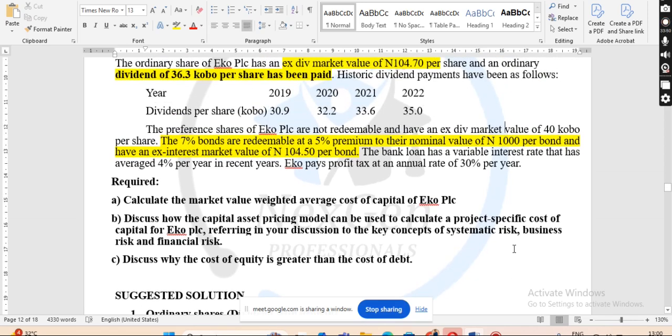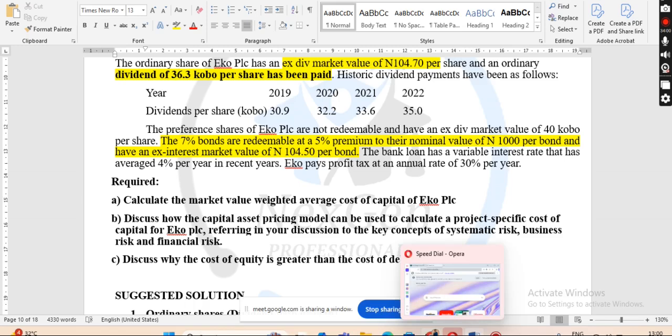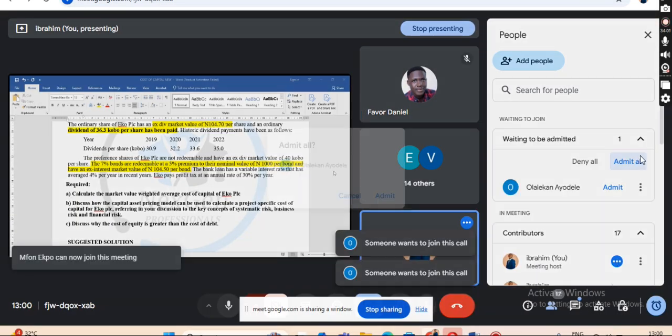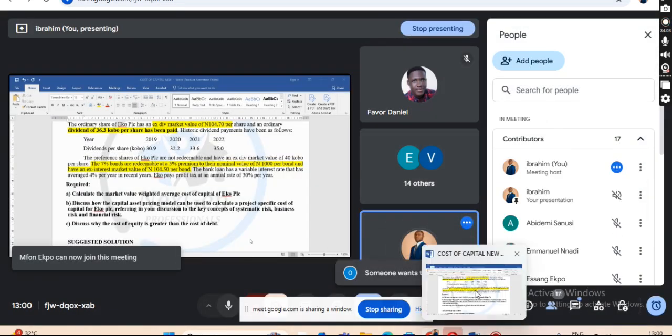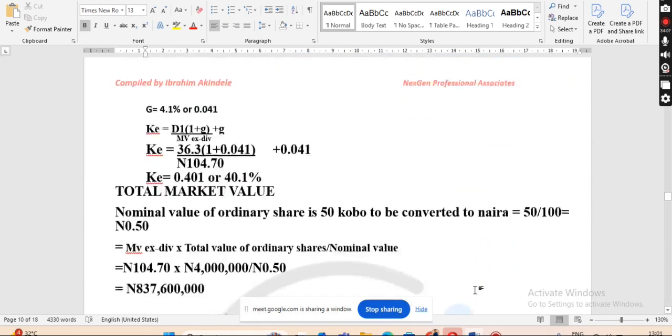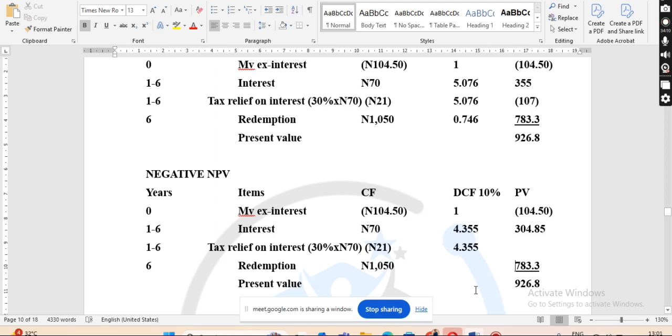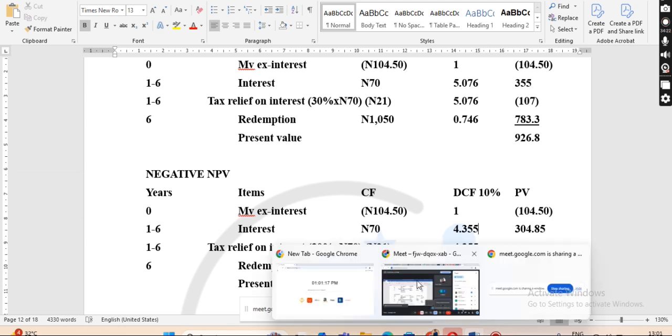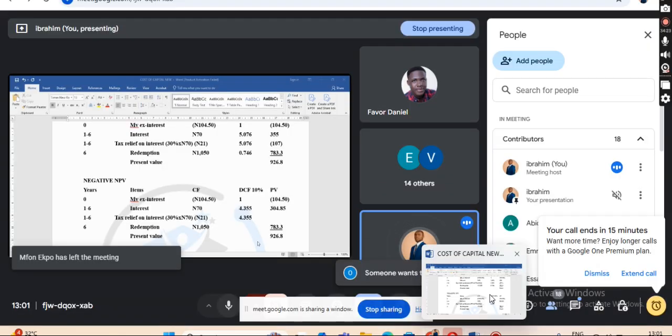The nominal value is supposed to be 100, not 1000. Class, are you with me? My apologies for that. If you use 20%, what is your DCF? Because this 304 is higher than 104, right? It's higher, and it's from the question actually.